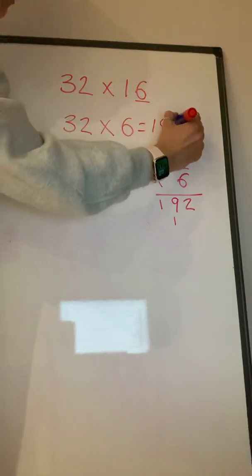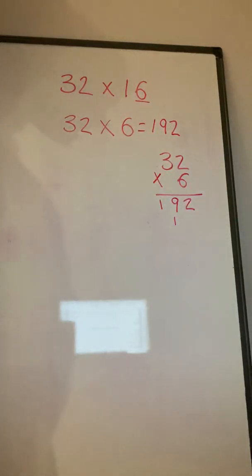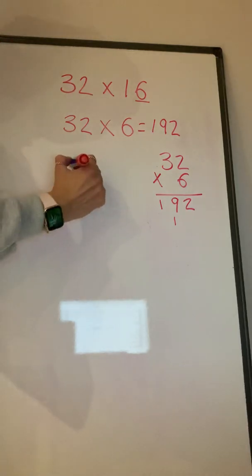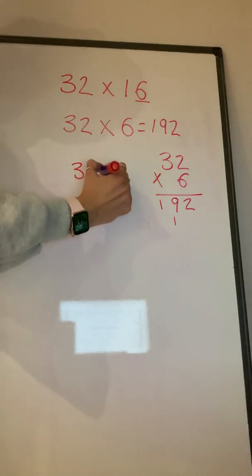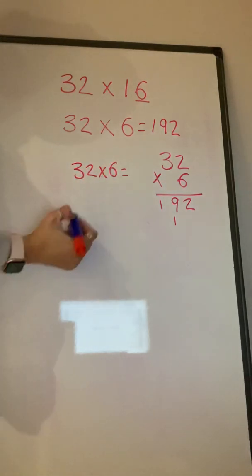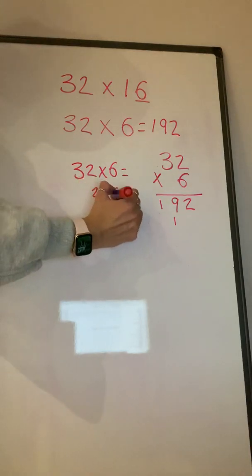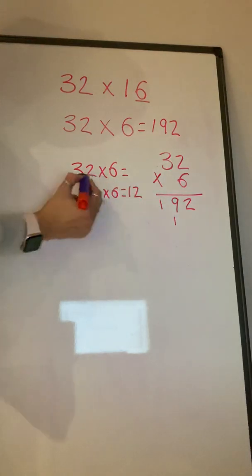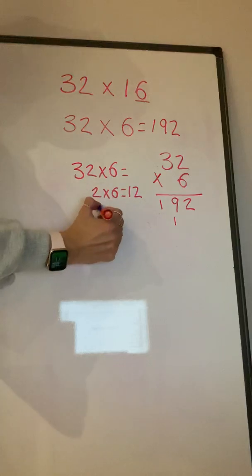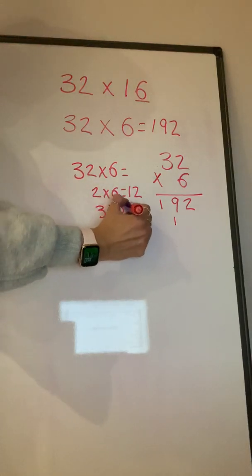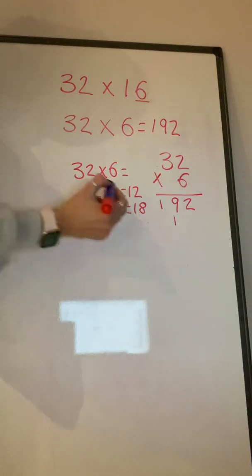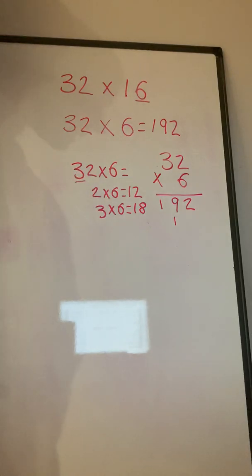If we're unsure on how to multiply that number by 6 using short multiplication, then we could look at 32 times by 6 is the same as 2 times by 6, which is 12, and 30 times by 6, which is 3 times by 6, 18, and then we've got to make that number 10 times bigger.